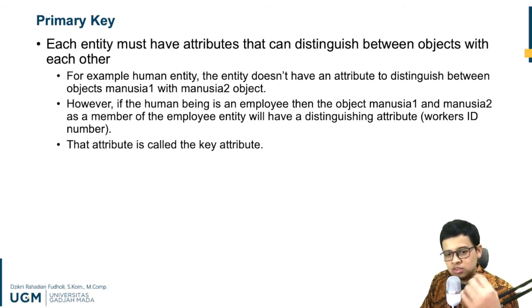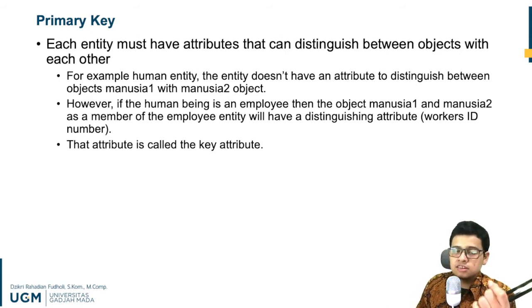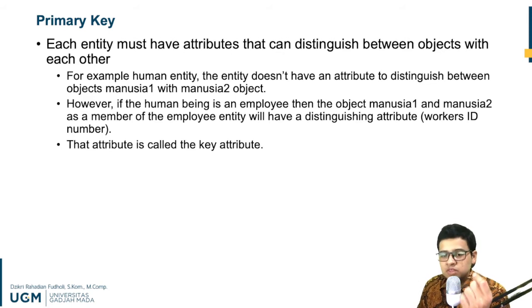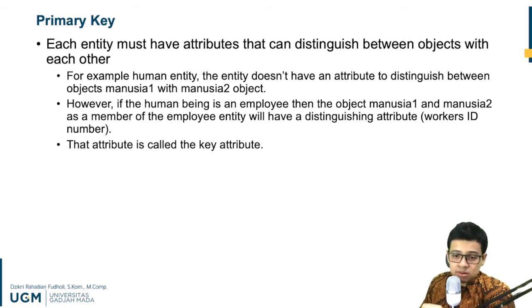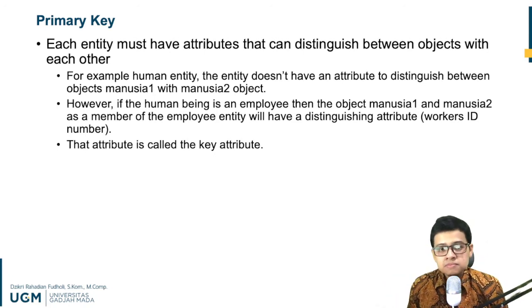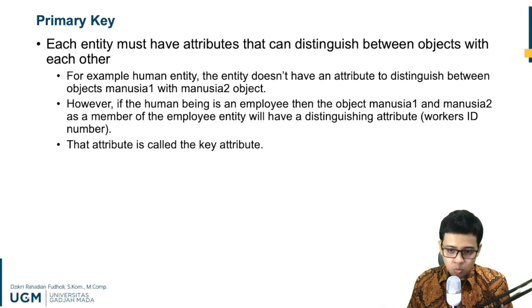We're going to step back a few steps. Each entity must have an attribute that can distinguish objects from each other. For example, a worker, a human. So here we say manusia 1 and manusia 2. That's human in Bahasa Indonesia. We need to distinguish between these two. And how to distinguish these two humans? We need one attribute.